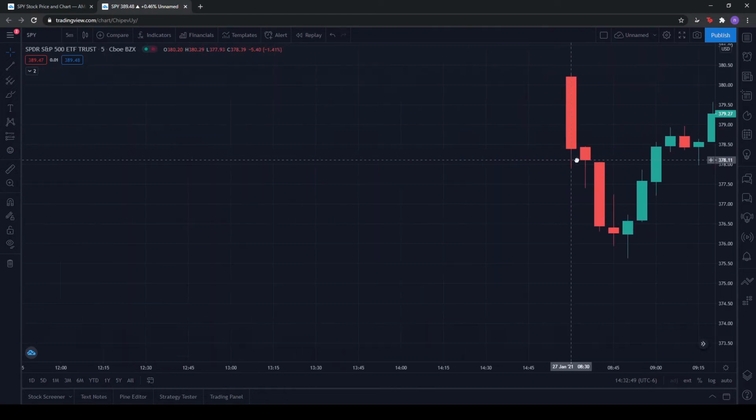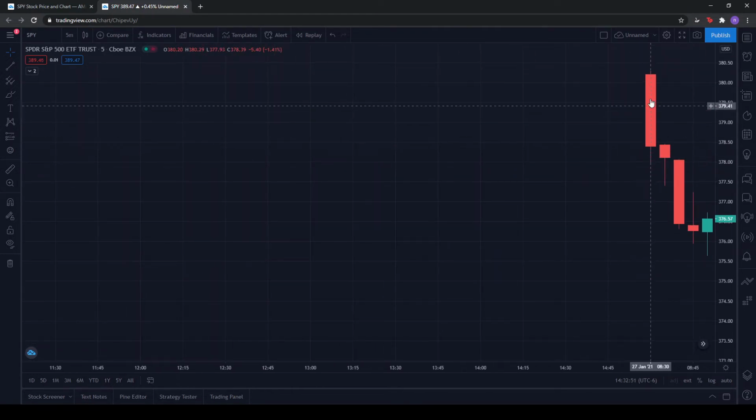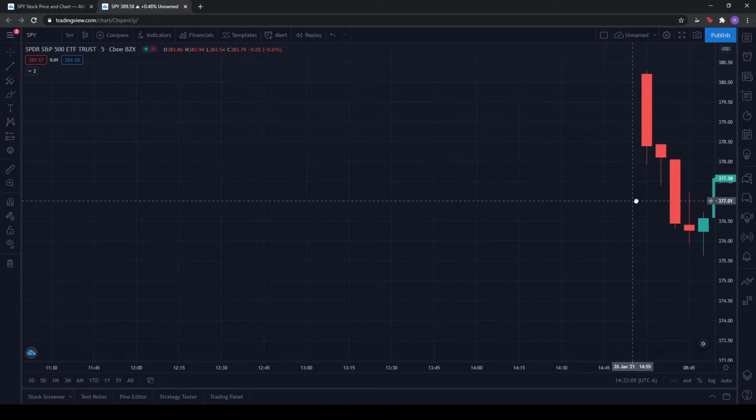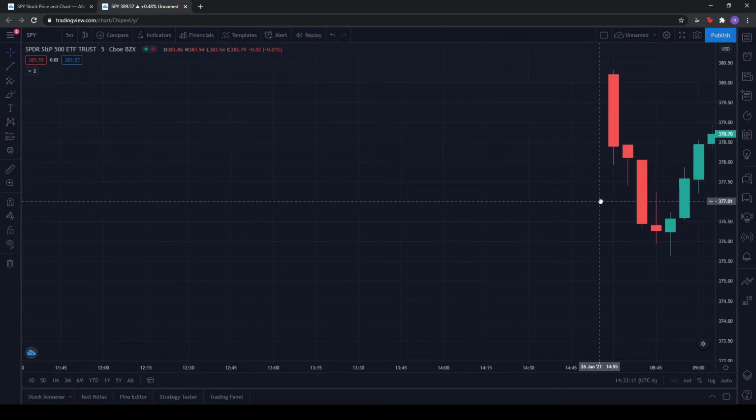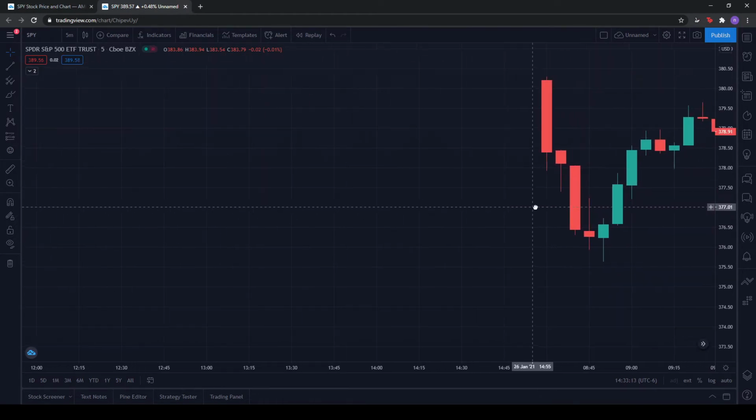Let's say we're pretending this is real time, and you see the S&P 500 start to really come down, but then you see this green candle after this red candle. Well, that would be an engulfing candle, and if I start to move this here, now you see it's starting to reverse, right?